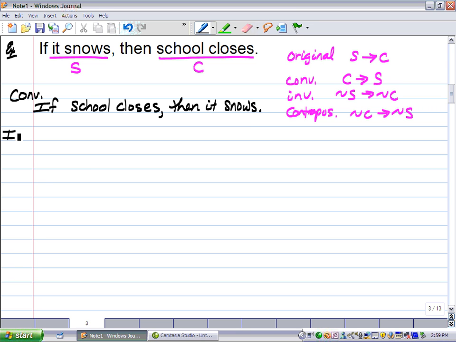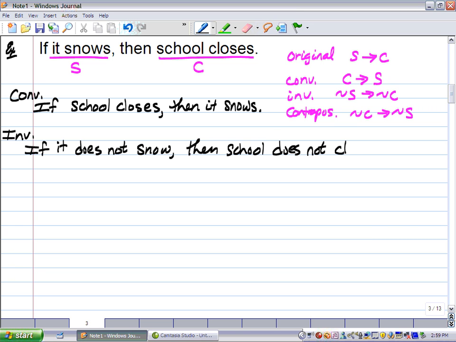Okay, the inverse is going to be if it does not snow, then school does not close. Notice that those two do not mean the same as the original. Okay. I said if it snows, school closes. I didn't say anything about what would happen if it does not snow.